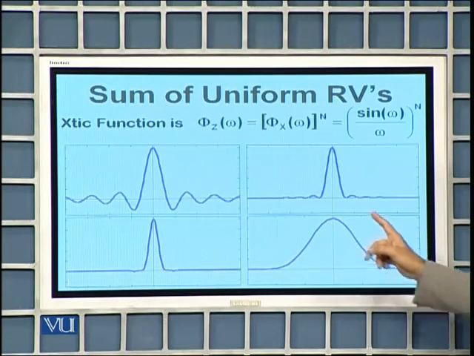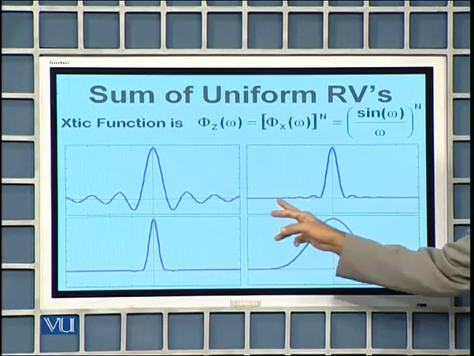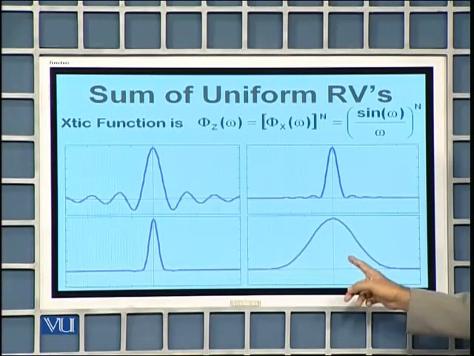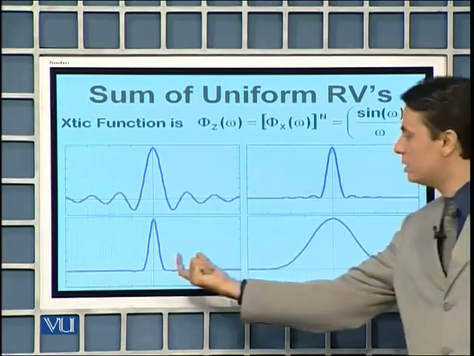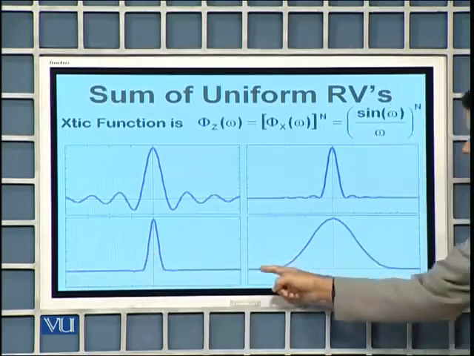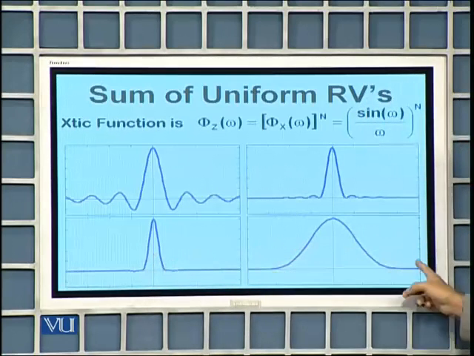There is a difference. All these plots are from -20 to 20, but this plot has only taken the central part, so this plot is from -3 to 3.